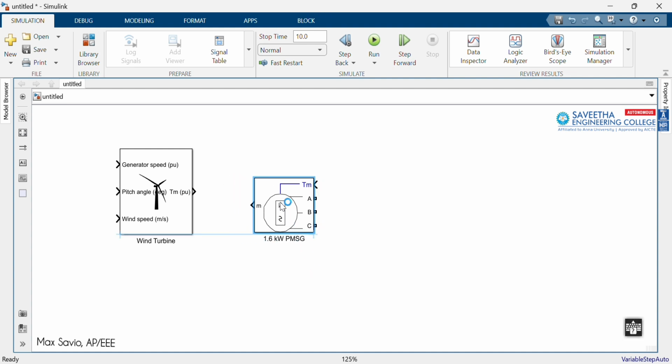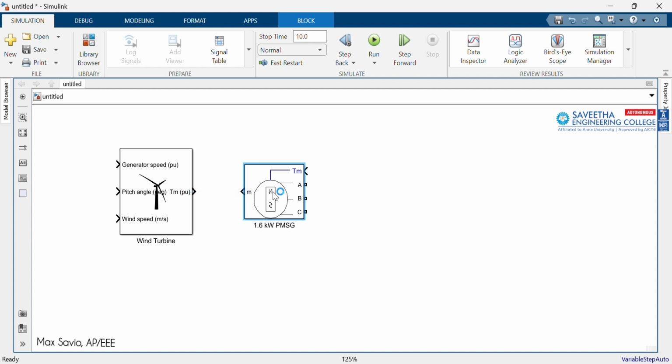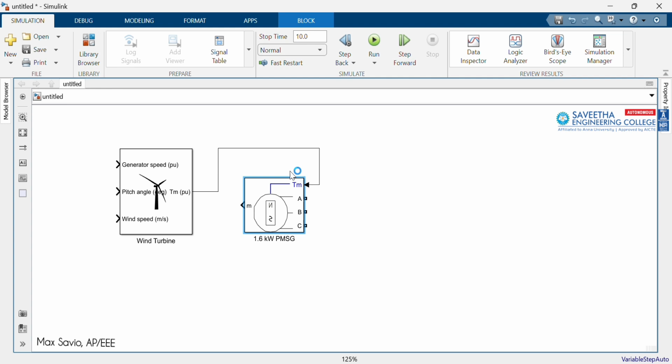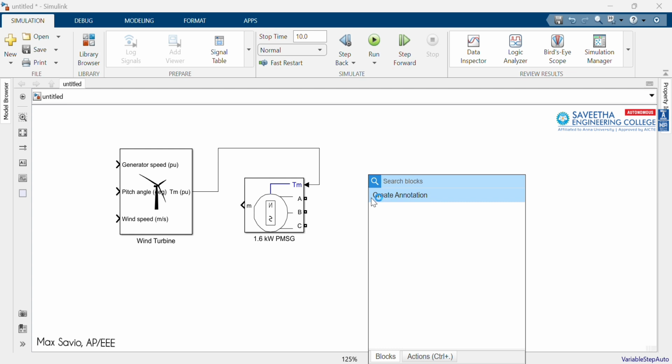We can directly connect the torque, which is the output of the wind turbine, to the torque of the machine, so that it will be easy for us to drive it. The output of this PMSG is what we require, because this converts your mechanical input to the electrical output.